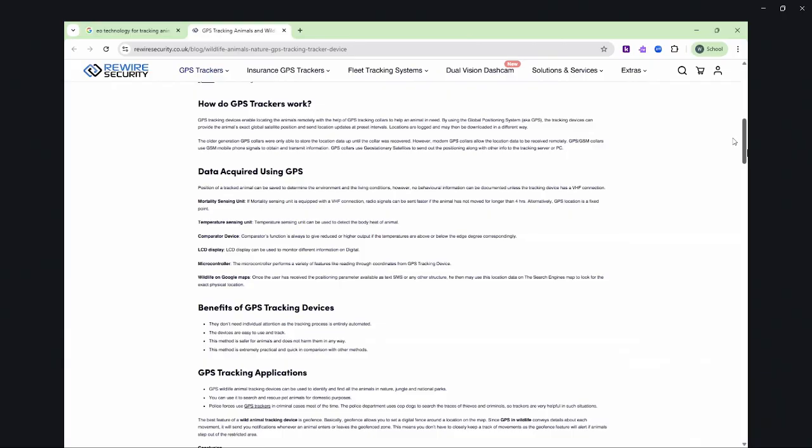Temperature sensing, detecting the body heat. LCD display, a microcontroller, and you can look for the exact physical location of the animal.